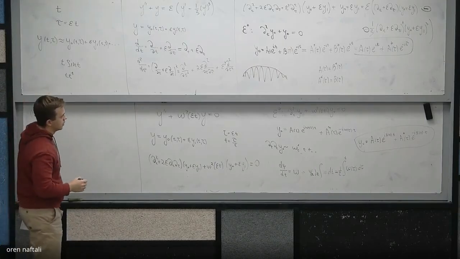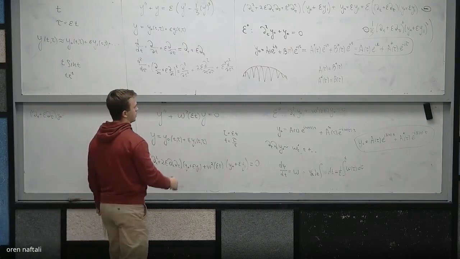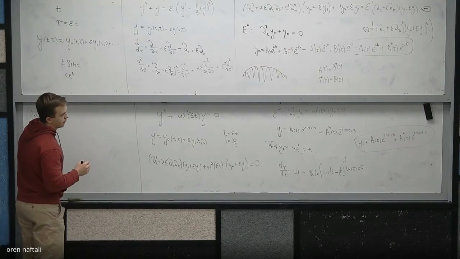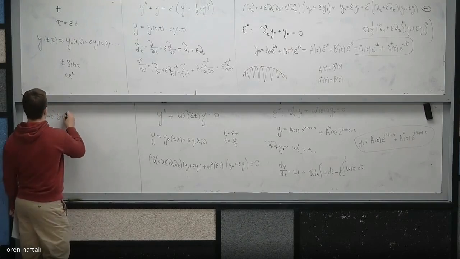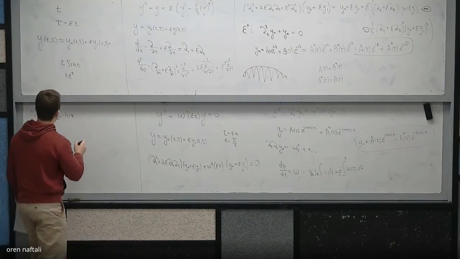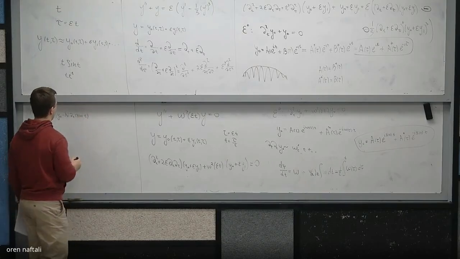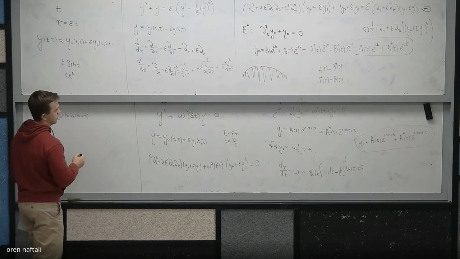So we use this one, and we'll have A times i omega times the exponent.